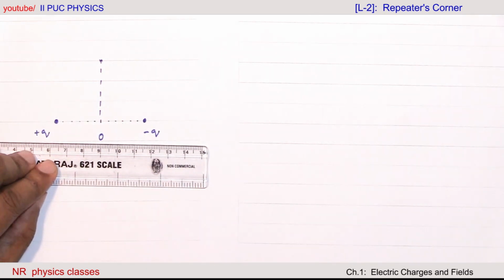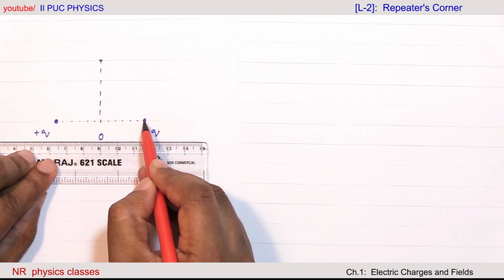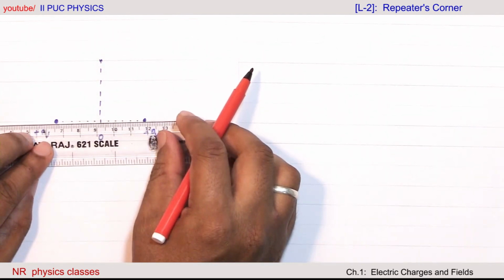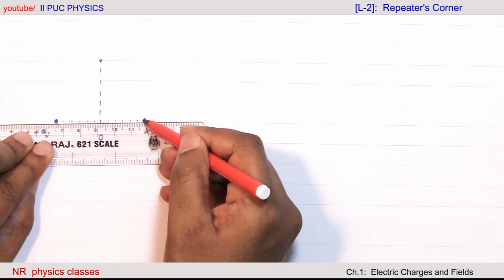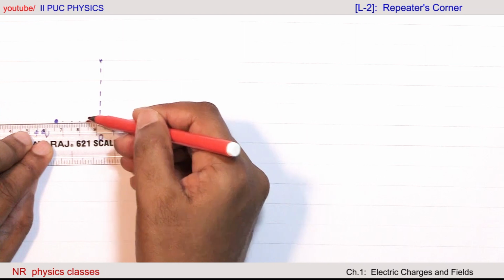The direction of dipole moment is from minus q to plus q along the line joining the charges. So this is the direction of dipole moment P cap.